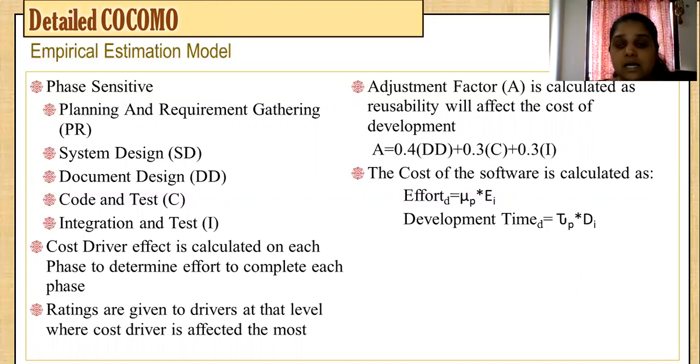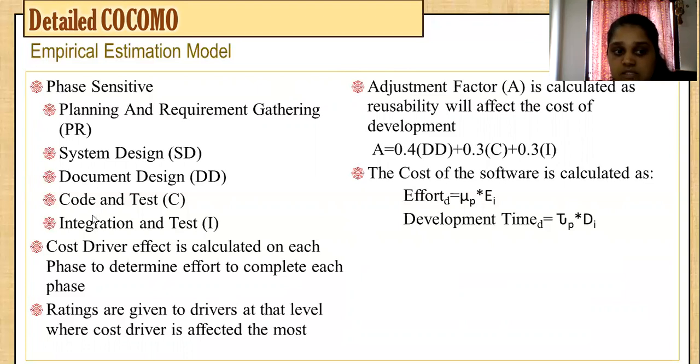During document design, some other part will be highly affected. During coding, another part may be affected. During integration, a cost driver may be affected. So based on that, you are calculating the values when they are critical to determine the estimate of the cost of the model.